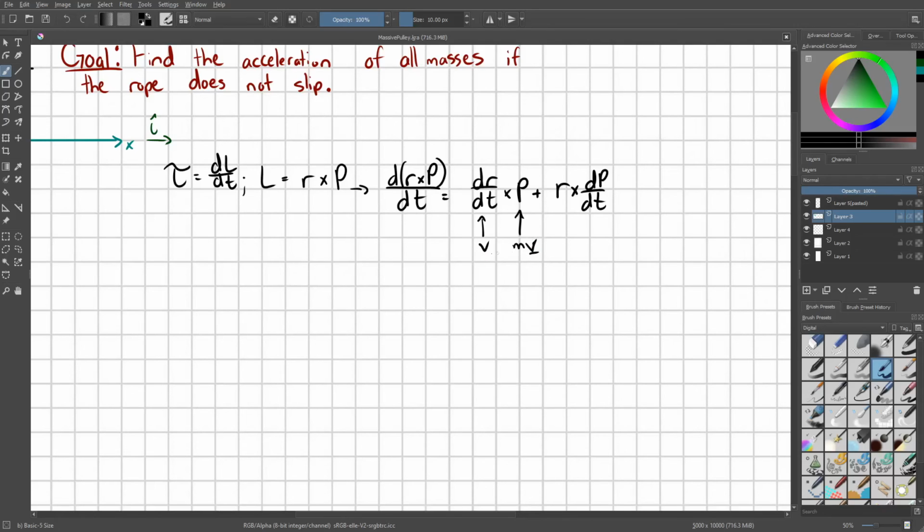And so both of these vectors act in the same direction, right? They both have the velocity in them. So this term goes to 0, leaving us with r cross dp over dt, which is also known as force.